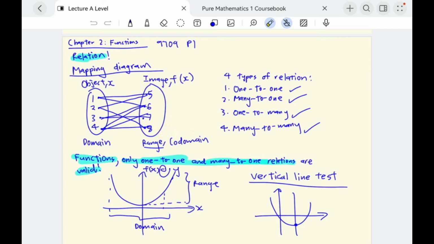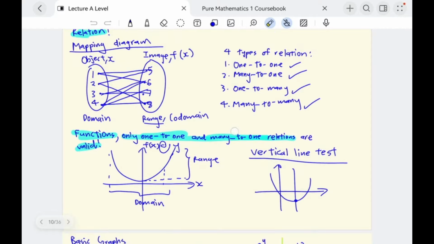In your secondary school, such as SPM, IGCSE, you have learned these 4 types of relationship before you proceed to the function, which are the one-to-one relationship, many-to-one relationship, one-to-many relationship, and many-to-many relationship.